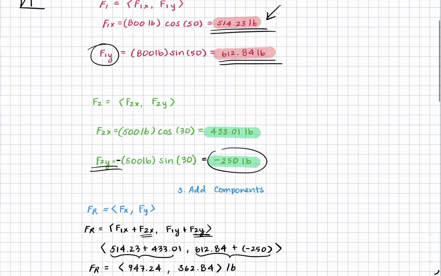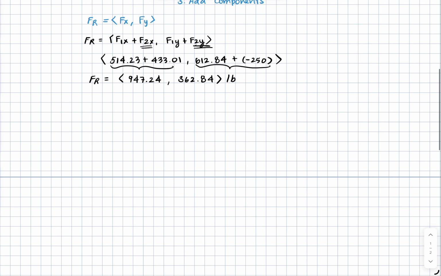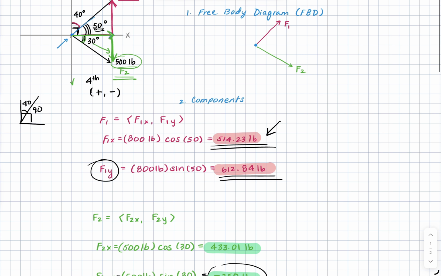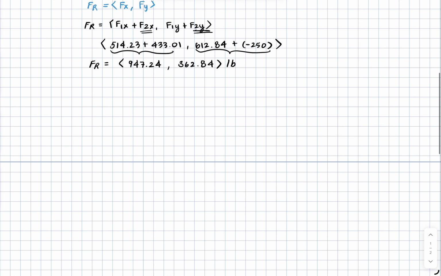But the question's asking us to obtain the magnitude. And to obtain the magnitude, I have this vector. I'm going to draw this on my plane right here. I have an X and I have a Y, just right about there. So this is what my resultant force looks like. So how can I get that resultant, the magnitude?